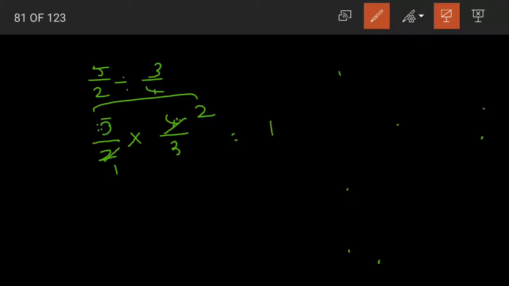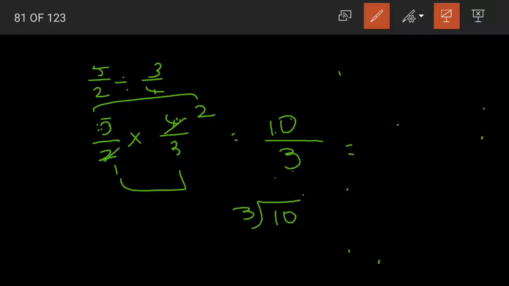Now what are we left with? 5 into 2, 10 divided by 1 into 3, 3. This is an improper fraction, 10 divided by 3. It can be converted into a mixed number. 3 threes are 9. When we subtract, 1 is our remainder.